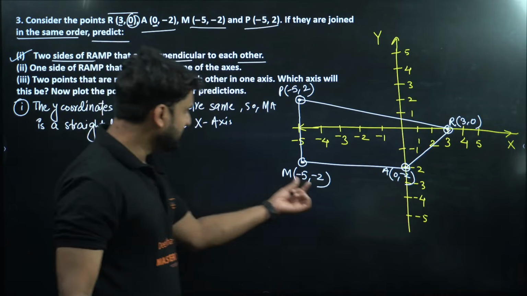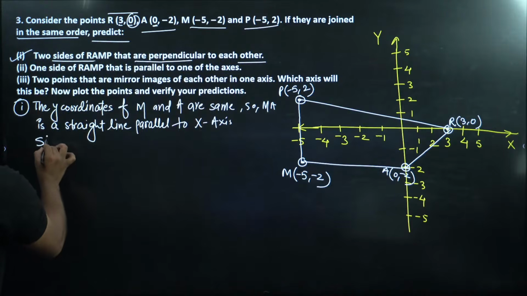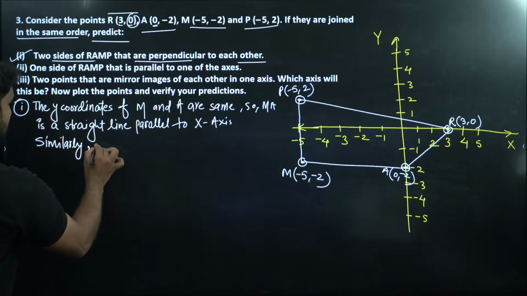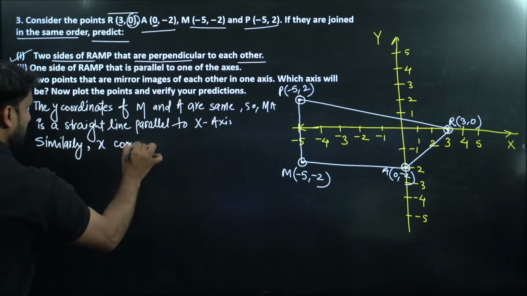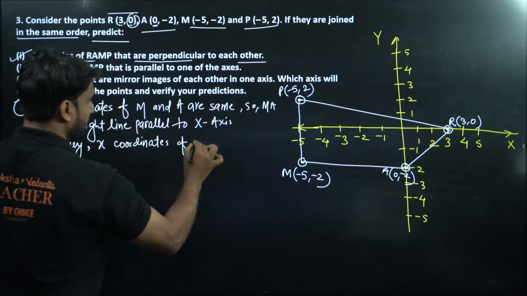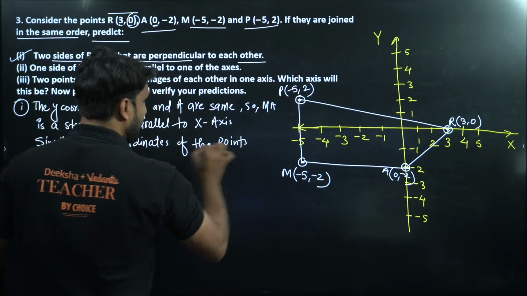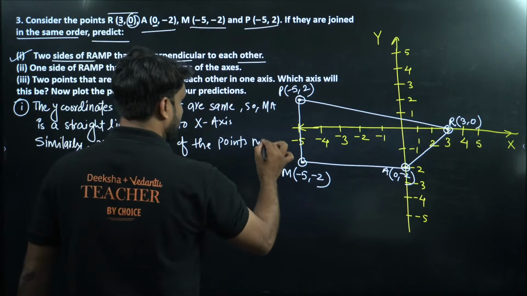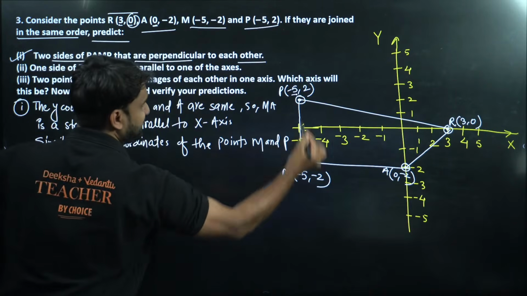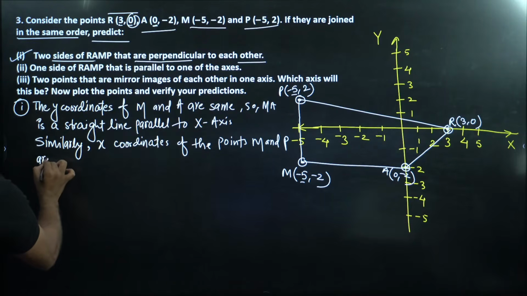Why? Because the y coordinates are the same. Similarly, the x coordinates of the points M and P, x coordinate -5, are the same.